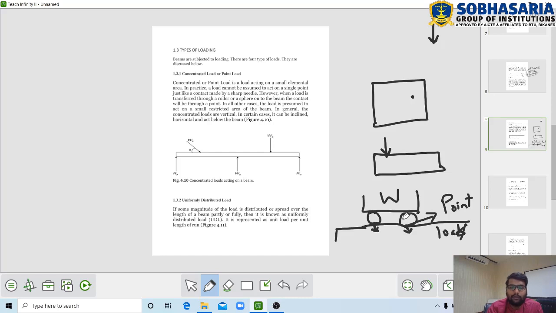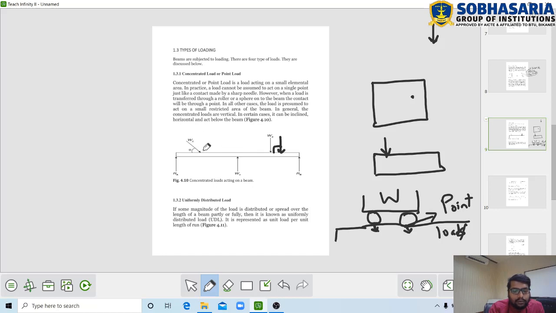These point loads can be perpendicular to the beam, or they can be inclined at an angle theta. When an inclined point load arises, how you solve it is simple.